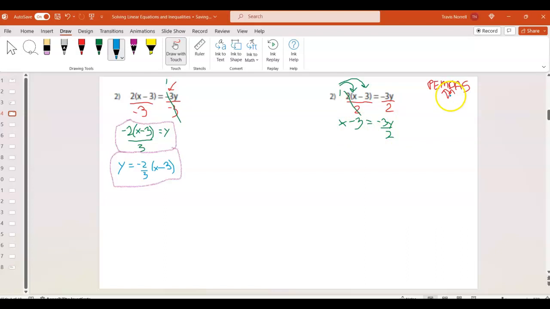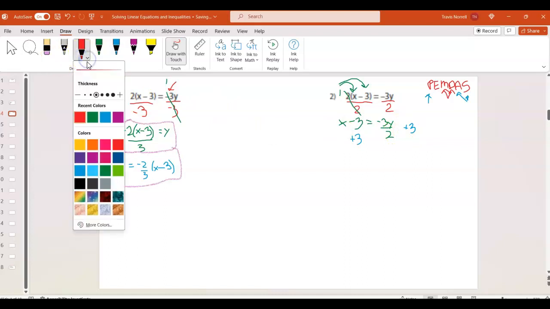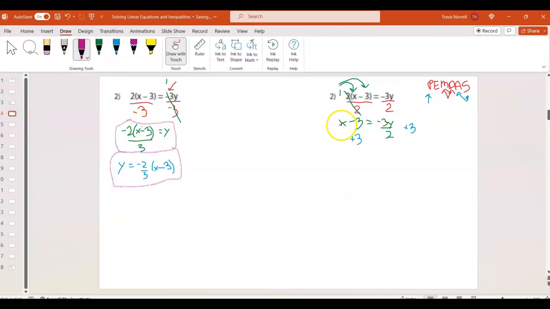But now we can deal with what was inside those parentheses. And what's inside those parentheses is this subtracting of 3. And the opposite of subtracting 3 would be to add 3. So if I add 3 to both sides, negative 3 plus 3 would give me 0.